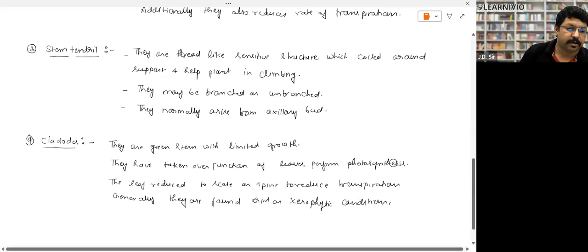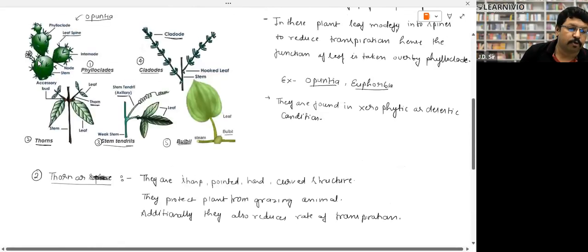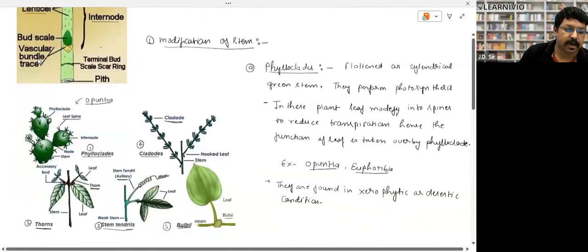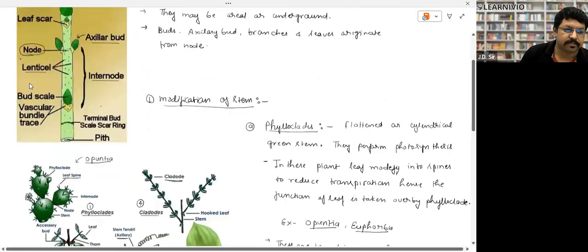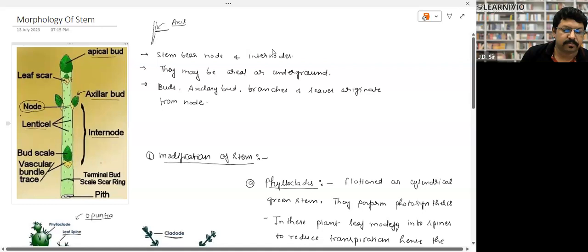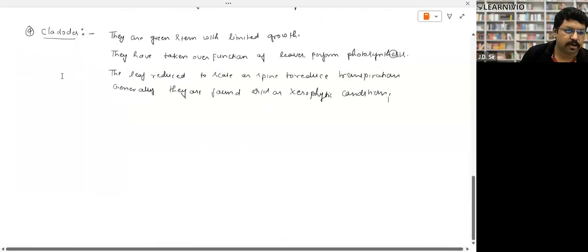Okay, great. So these were the aerial modifications of the stem. And now the next one, let me write it down here only.